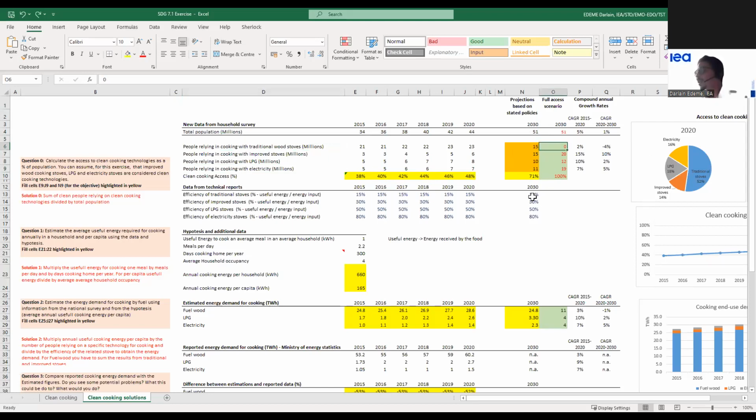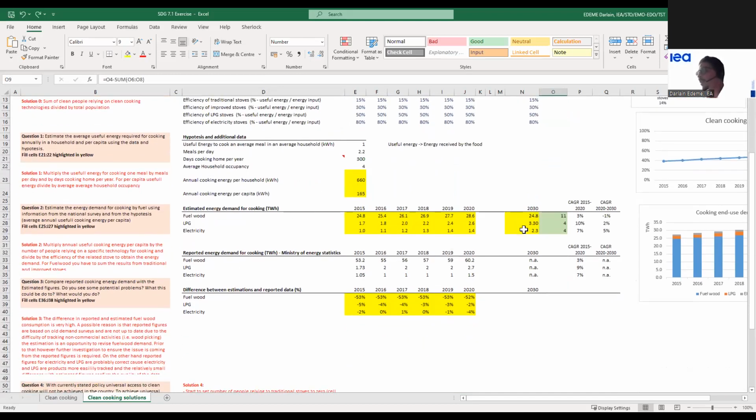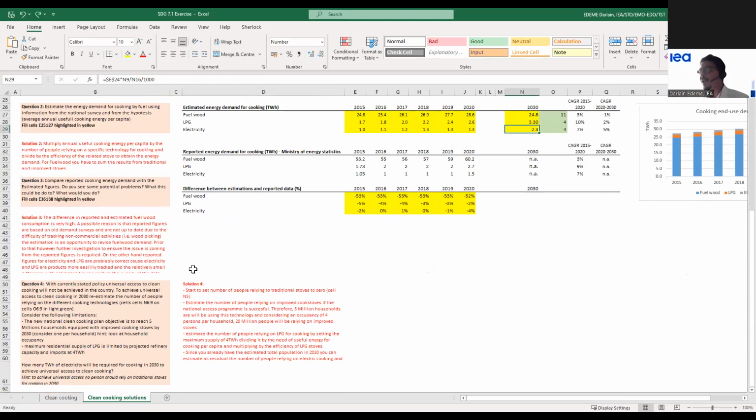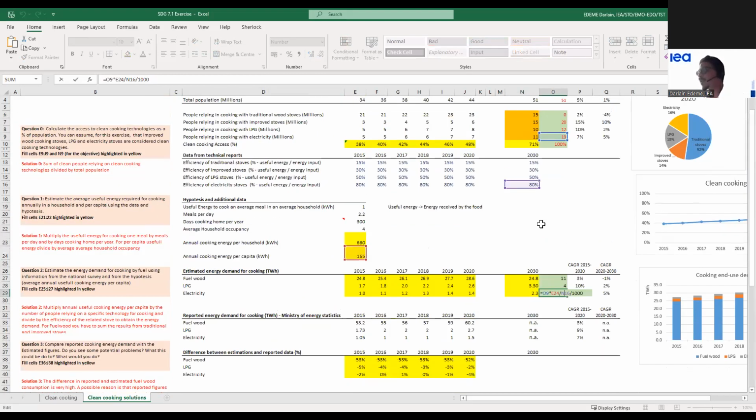This means that the remaining population will be relying on electricity. So from this value, you have to calculate how many terawatt hours of electricity will be needed in 2030, and this value comes from doing the exact same calculation we had previously, but taking into account the forecasted values.